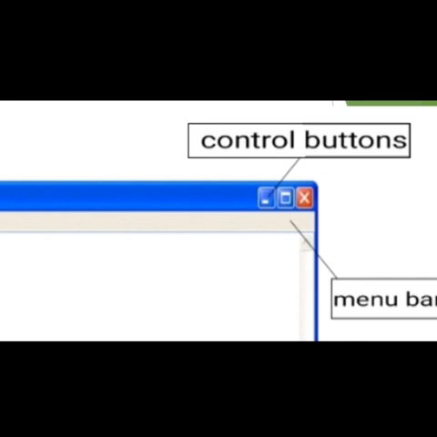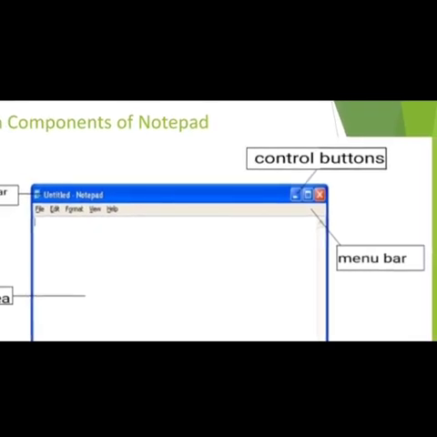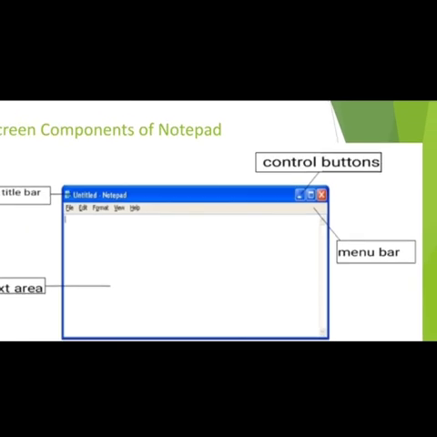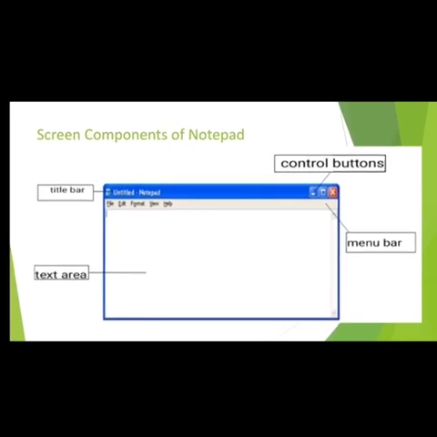Minimize means we make it small or even disappear, and when we want to reopen it we use maximize, so the size of our screen becomes large. And the close button is right here, which is used to exit our Notepad. If we want to close it, we will click on this cross button. So these three buttons are collectively known as control buttons.